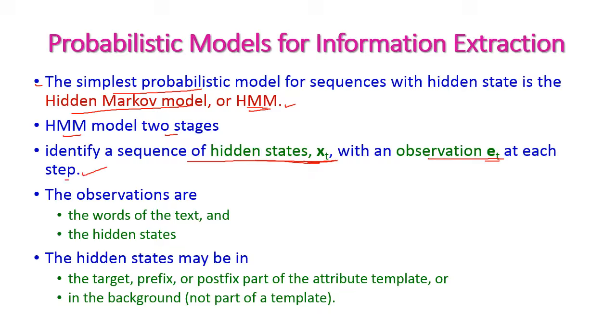The observations Et are the words of the text, and the hidden states are not observed. A hidden state may be a target, or a prefix or postfix part of the attribute template. Otherwise it is in the background, that is not part of the template. So these are the hidden states.